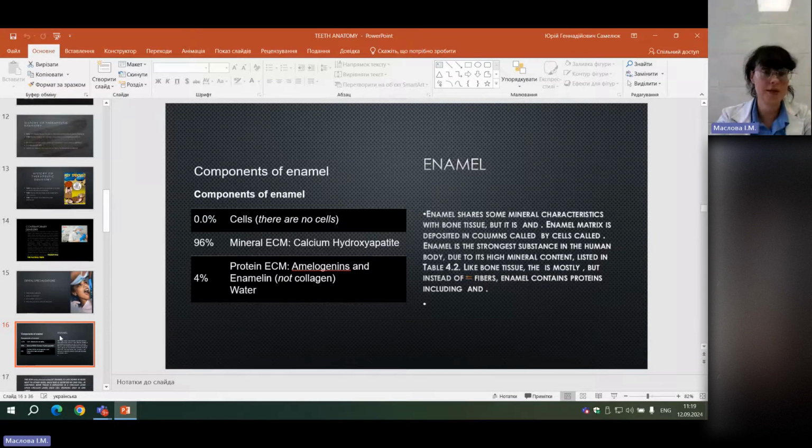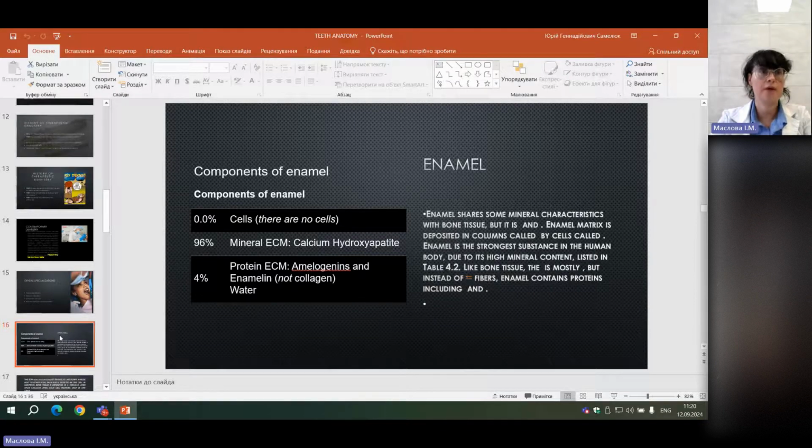You know that each tooth consists of enamel, which is the external part of each tooth, of dentine, which is the base of each tooth, and the pulp. The pulp is a soft connective tissue which exists inside the tooth and has different functions.